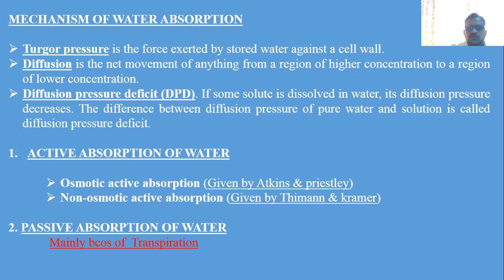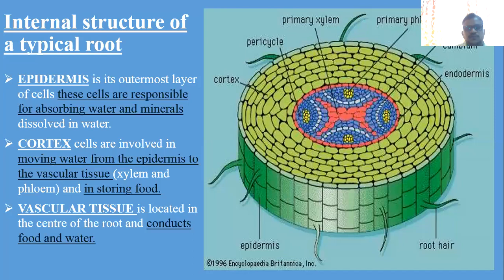Means what? In the first slide, second slide, we have discussed these layers. Okay, when the water moves into this epidermis, here the concentration of the cells is increased, the turgor pressure increases, then there is a difference between this outer layer, that is epidermis, and the cortex. Cortex has low water as compared to the epidermis. So this water, because of this diffusion pressure deficit and increased turgor pressure, moves into the cortex.